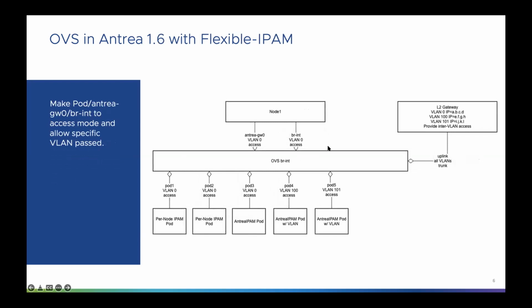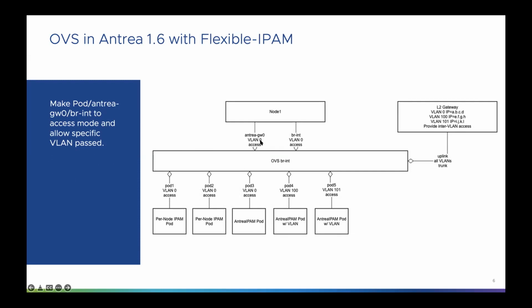And for Antrea 1.6, we need to add the multiple VLAN support. Firstly, we need to set the existing port as access mode with VLAN 0.